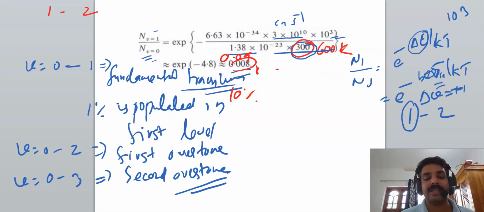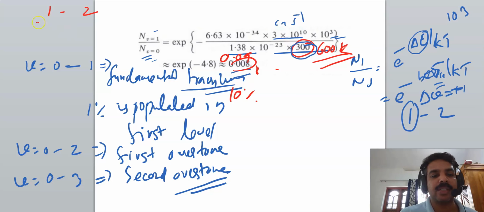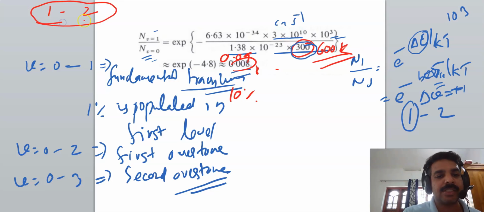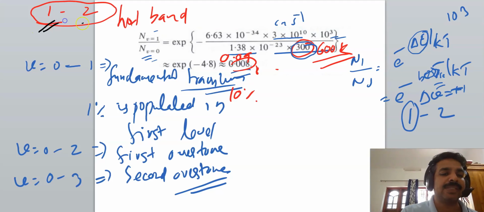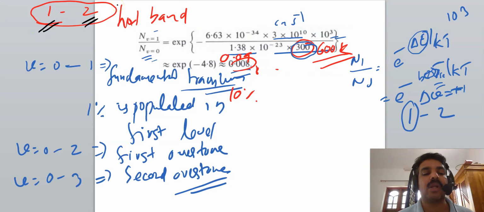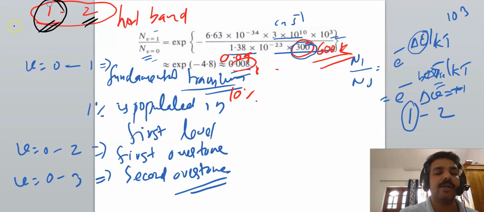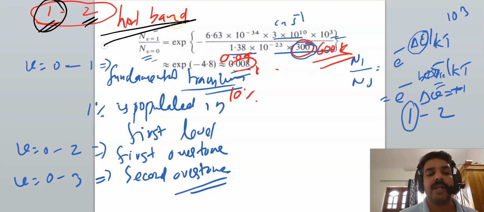So at higher temperature, that is 600 Kelvin, there will be a less intense transition from 1 to 2, and this transition is called a hot band because this transition is possible only at high temperature. Such a transition, from the first level to the second level, takes place only at higher temperature because only then is the first level populated. So that band is called a hot band.